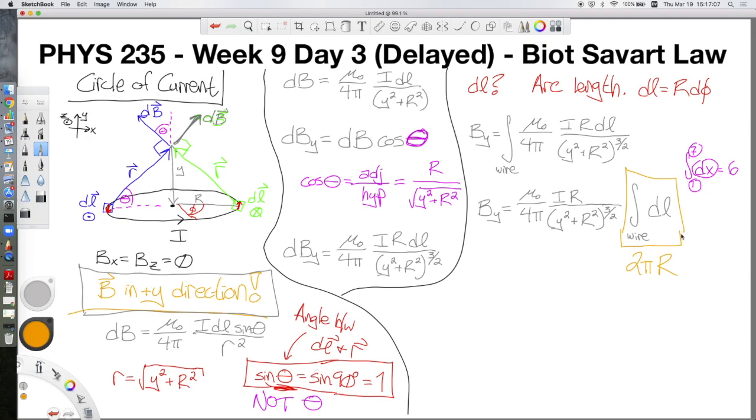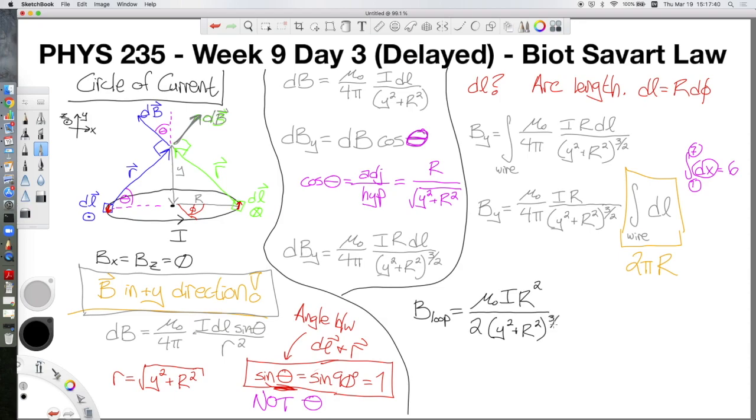So we can now write our final formula here. The magnetic field for a loop of wire is mu naught times I times the radius of the loop of wire squared divided by 2 times (y squared plus r squared) to the 3/2 power.